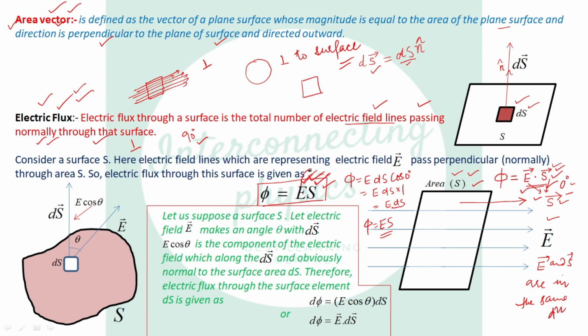So the angle between E and S equals 0, both are in the same direction. So we write it as phi equals E into S.